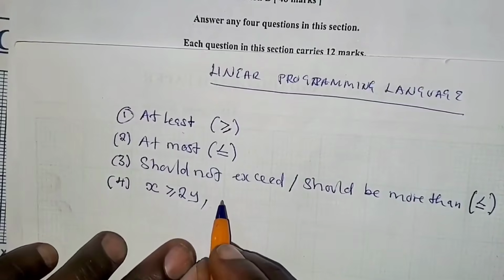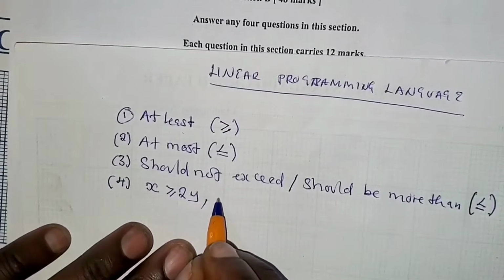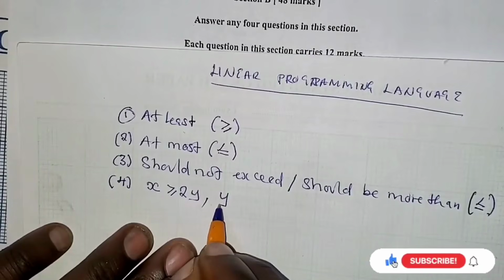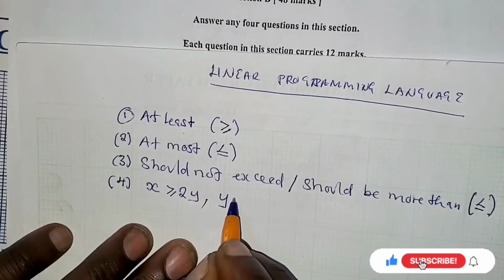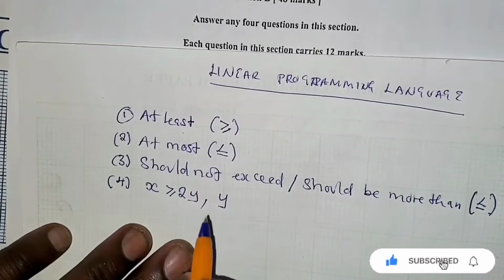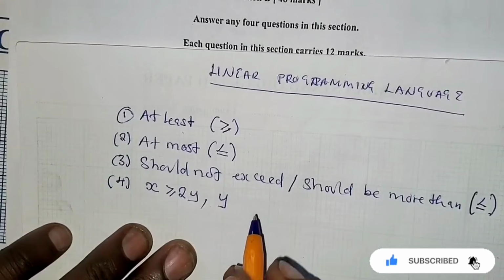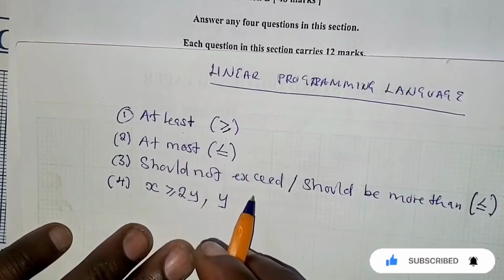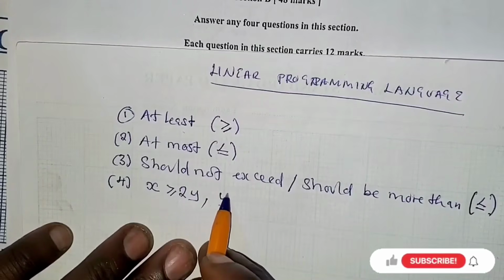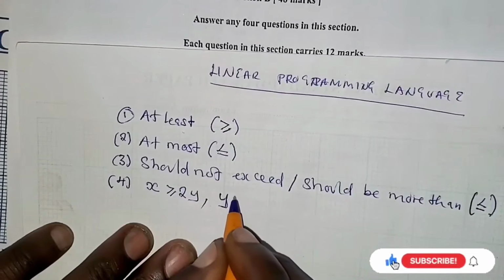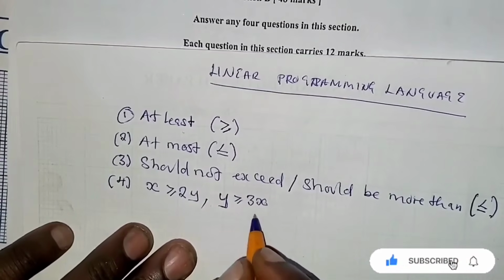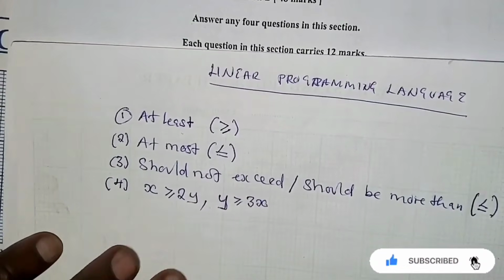The number of type B, which is y, must be at least 3 times the number of type A. This is how you write the inequality.